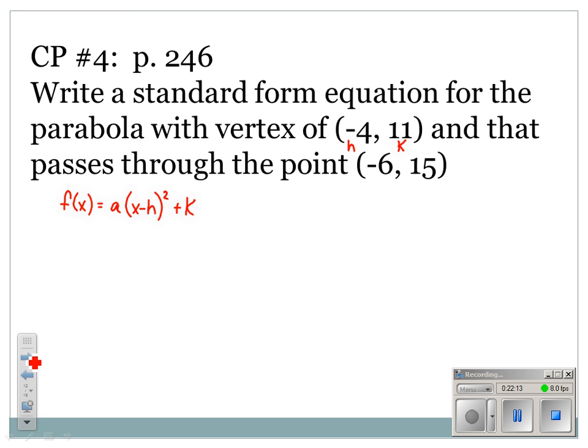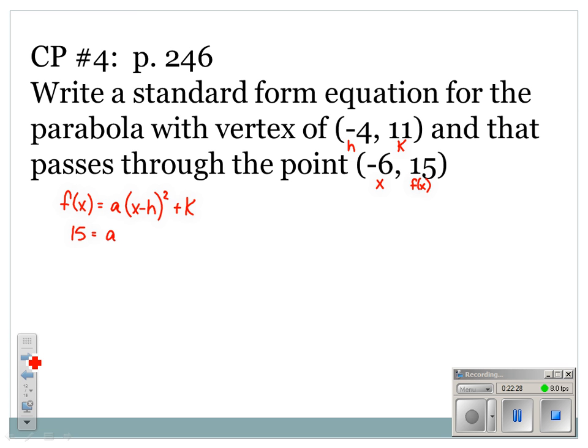Negative 6 is our x value, and this is our y value, or f of x, right? When you're looking back over here at the stuff that we need to fill in, we have almost all of it. So f of x, 15.